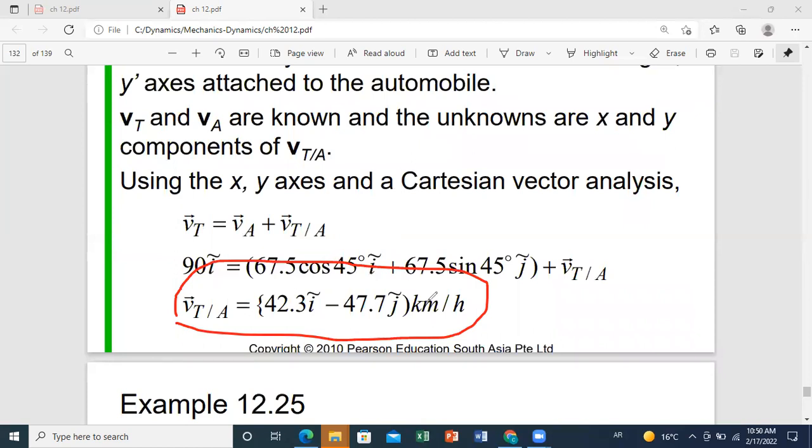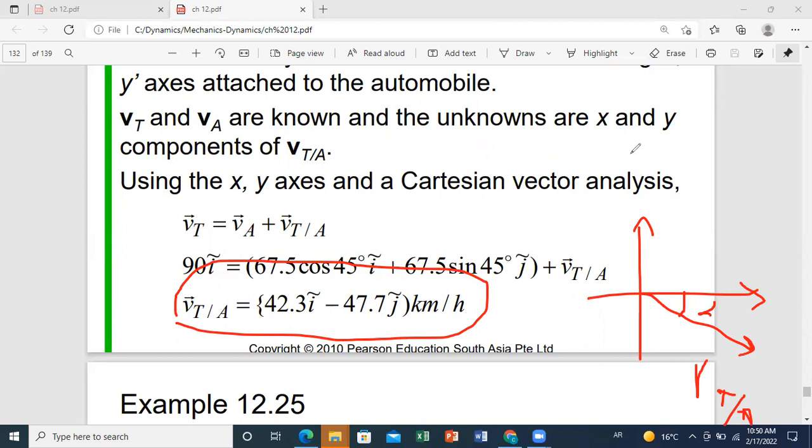Now for the direction, as I told you, whenever they ask for direction, you draw your system and ask which quadrant you are in. I have positive I, negative J, so I am in the fourth quadrant. This is the velocity of t relative to A, the vector, and then I can get this angle alpha.